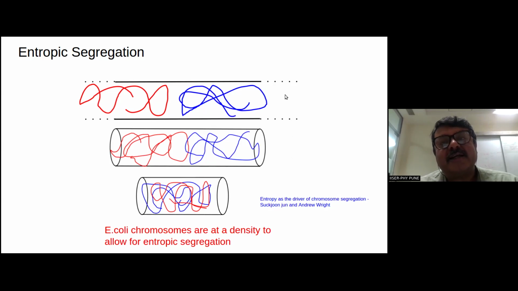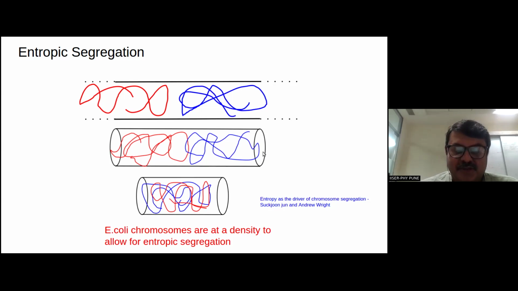Now you can do your analytical calculation in infinite cylinders. In finite cylinders, you can't do analytical calculations. If the aspect ratio is high enough, they would segregate, and that's what I showed you. Entropically, they would get a larger number of configurations if they don't overlap. That was the content of the movie.